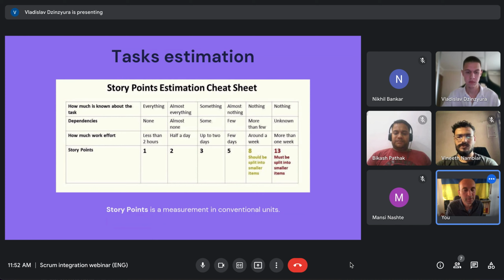So the estimation will not be accurate, but these abstract story points, this abstract weight of the task, will help to balance it against other tasks. So this is the main idea. And as I understand, according to Agile and Scrum principles, it is actually beneficial to have these story points not directly linked to hours, for example.